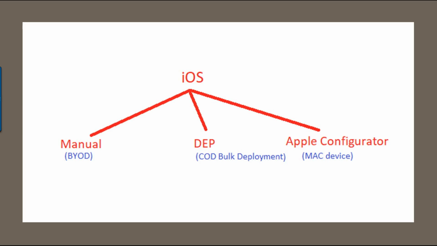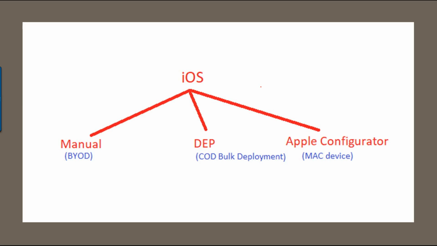The second way of enrolling an iOS device to Intune is via the DEP program, or Device Enrollment Program. This DEP program is introduced by Apple. It's a feature of Apple which is used for bulk enrollment of iOS devices to Intune. There are some additional prerequisites which need to be taken care of in case of DEP.